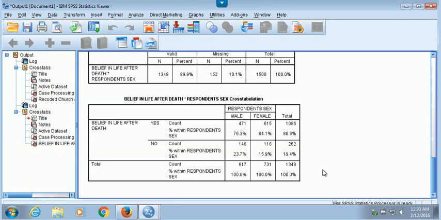Now, when looking at the strength of the association, like I said before, some people in the book relate to a 10 percentage point rule, saying that it's not a strong relationship unless there's a 10 percentage point difference here. Other people say it's 5, other people say it's 6. That's very, very subjective.